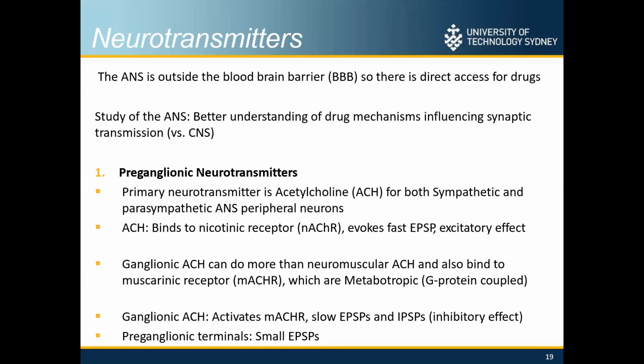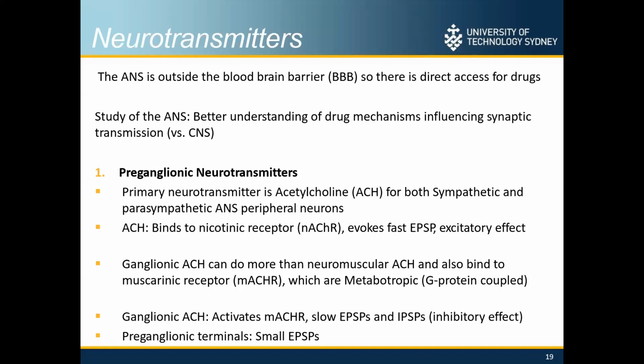It has been demonstrated that ganglionic acetylcholine can do more than the neuromuscular version, wherein the ganglionic acetylcholine can bind to muscarinic receptors that are metabotropic in nature.